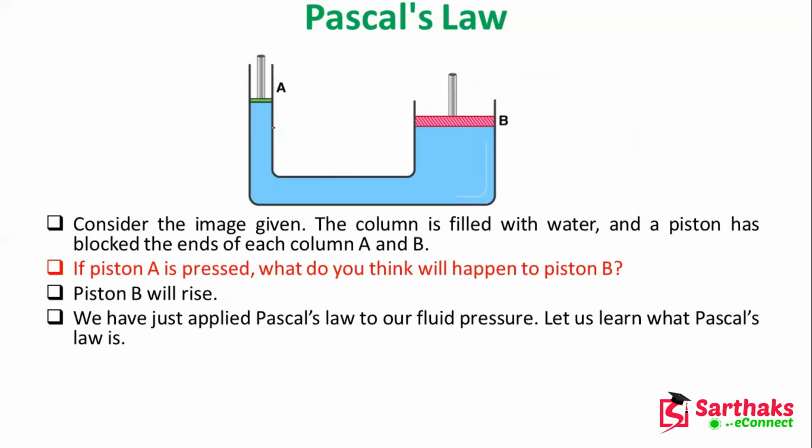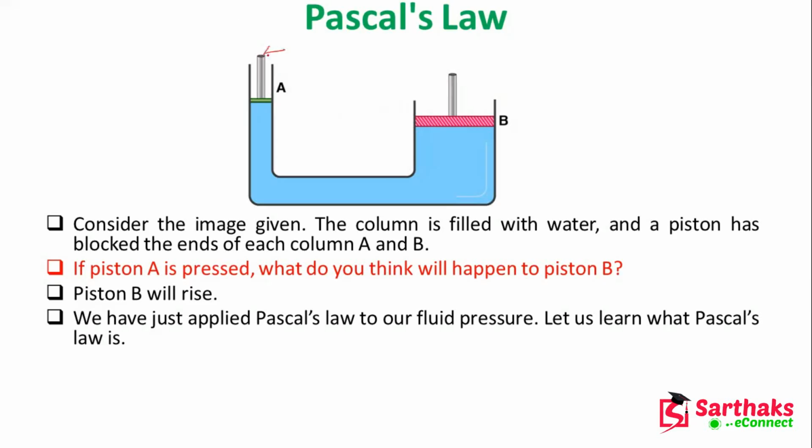One column we have, the diameter of the column A is very small with respect to column B. Column B is filled with water, and column A is also filled with water. One piston blocks each of the ends of A and B.